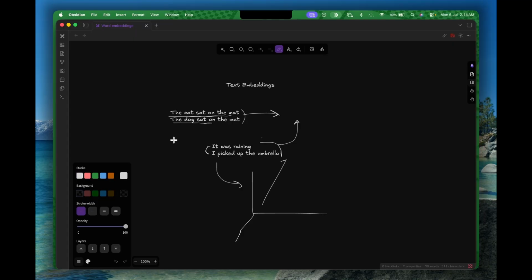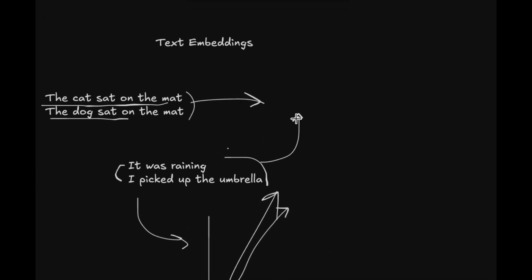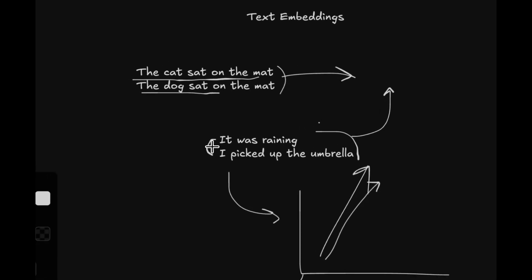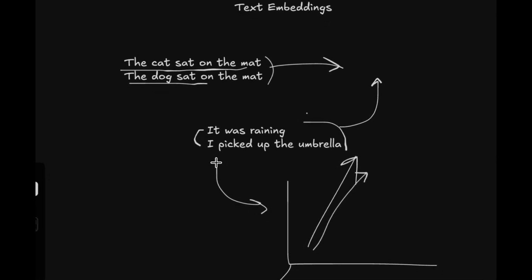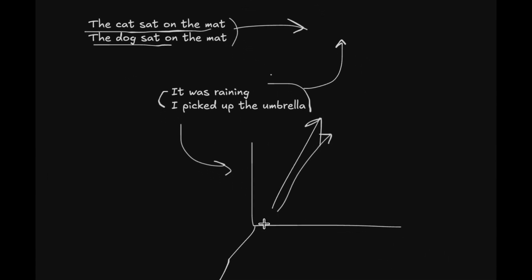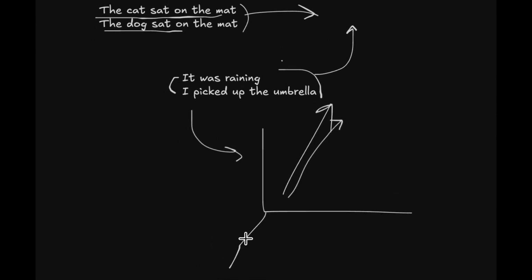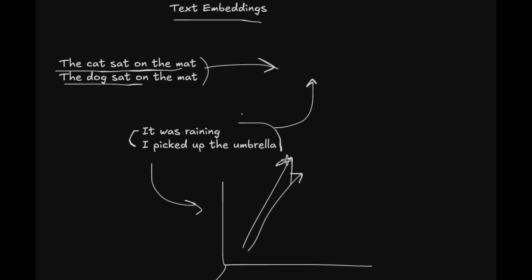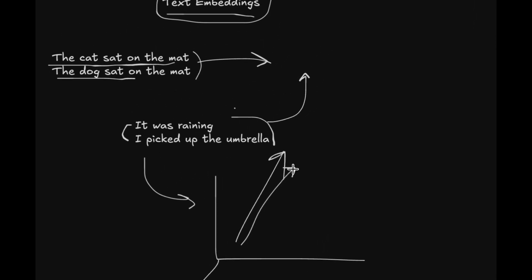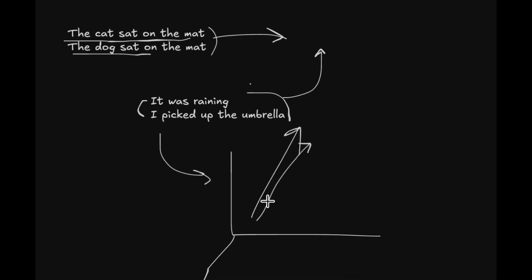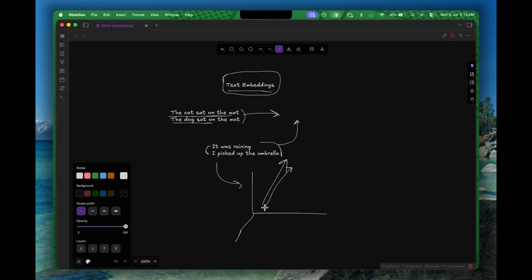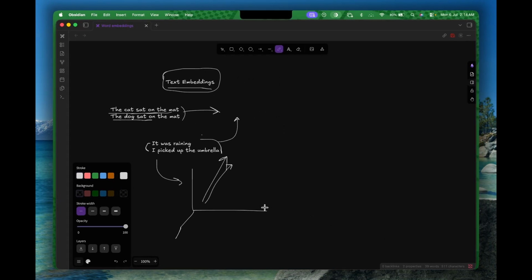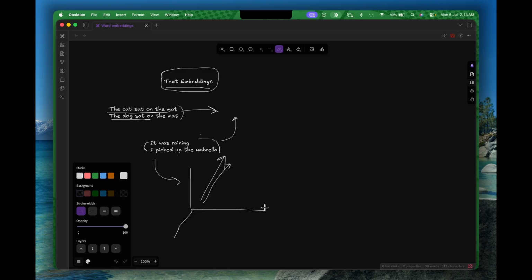We have to compute the similarity between them using a mathematical term, so we use vectors for it. If we use a vector for these two sentences, then we get a structure of a vector space where these two vectors, let's say raining and umbrella, are going to be pretty close to each other, because they will produce similar kinds of embeddings.